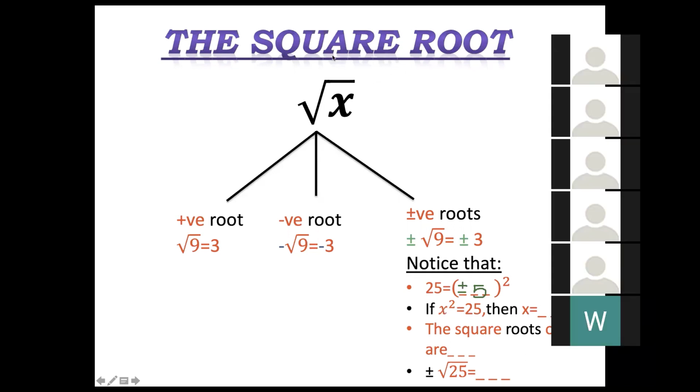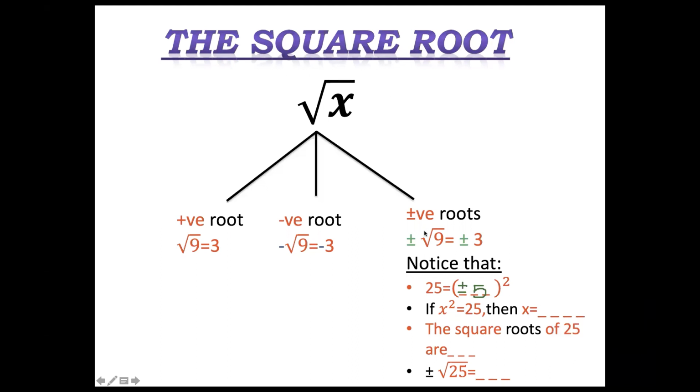How can we get it? By drawing the square root on both sides to get the value of x. I will cancel the square with the square root. So x will be positive or negative 5.